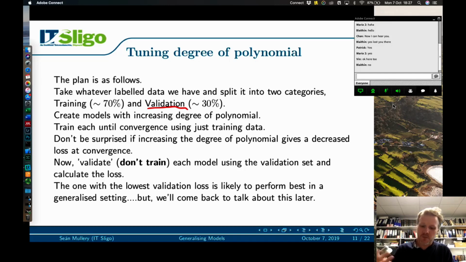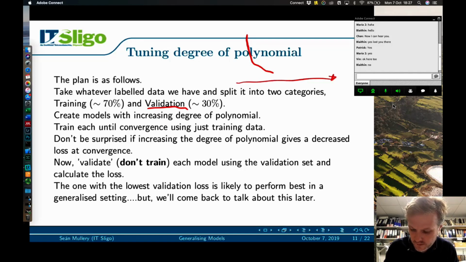Okay, so what you might find is a situation where, due to the different degrees of polynomial, we get a lower and lower and lower loss at convergence, but that somewhere along the polynomials we find that our validation error goes higher. So we might see that it goes down the way as we increase the polynomial degree.